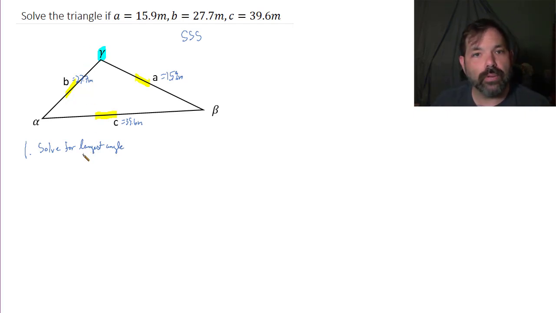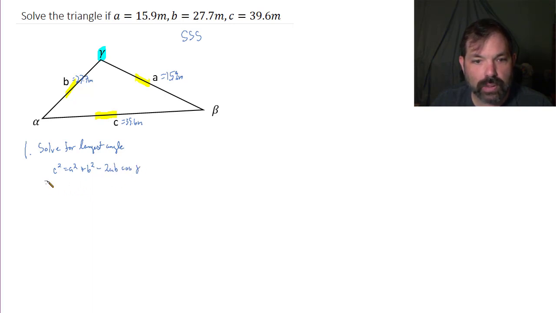Alright, so we will have to use the form of the law of cosines that involves gamma. So we'll use the fact that c squared is a squared plus b squared minus 2ab cosine gamma.